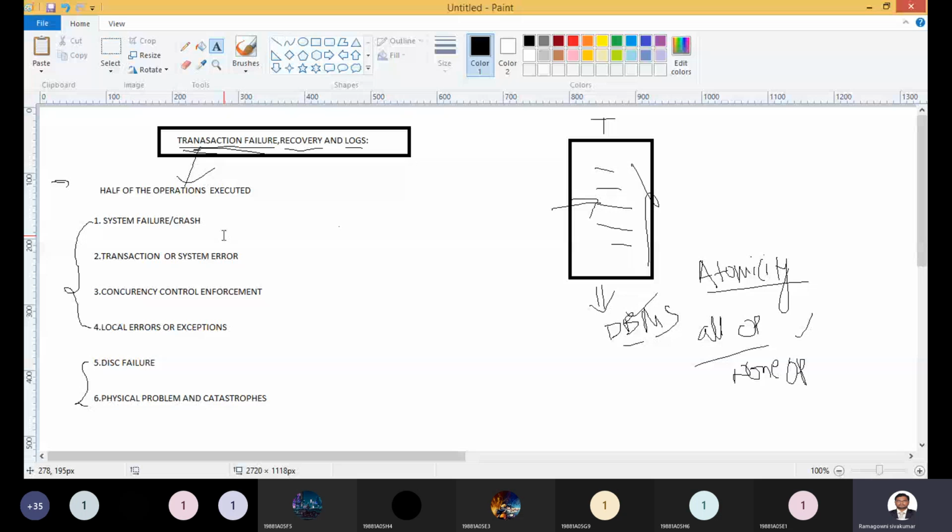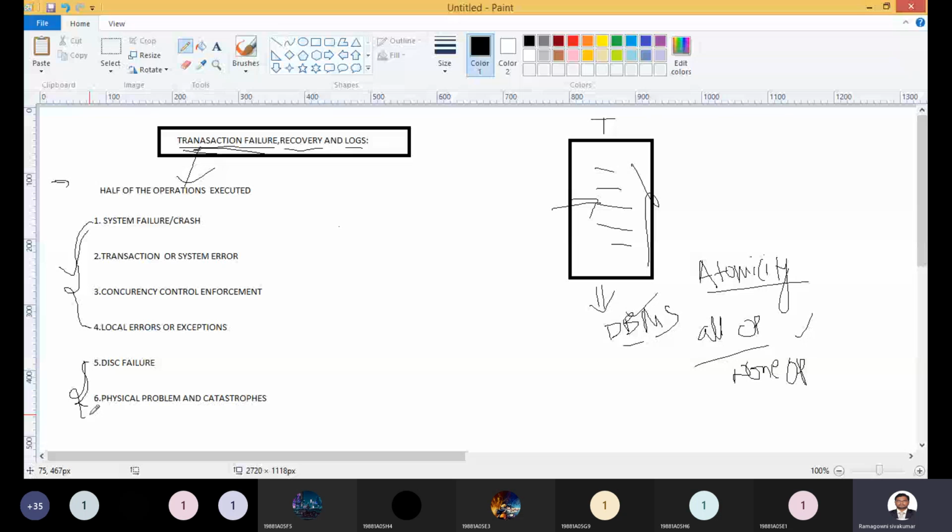These failures are well recoverable, and these two are hard to recover: disk failure, and physical problems or catastrophes. We will see each and every failure.